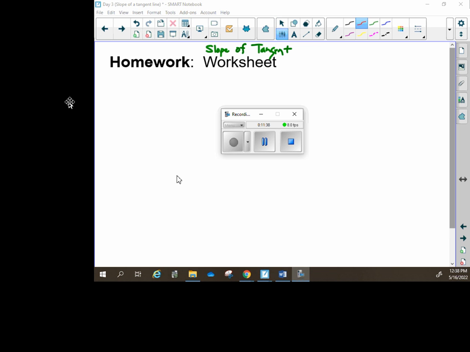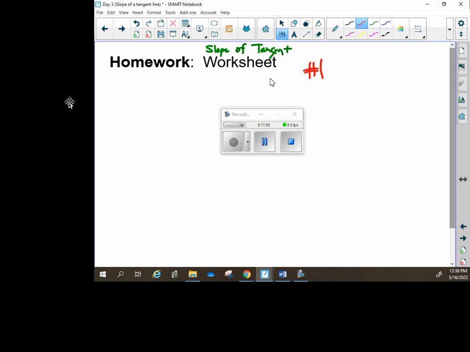Alright, so we said to do number 1 right there on that worksheet. So you have to find the formula for this one. Actually, what does it say? Do not find the formula.